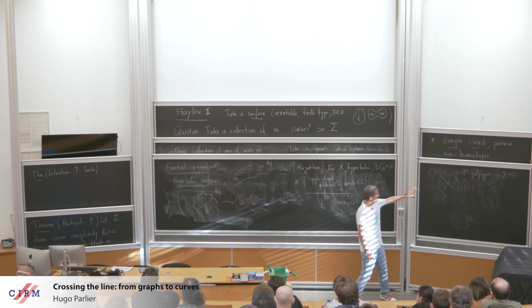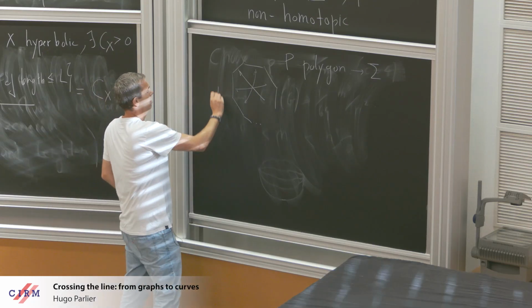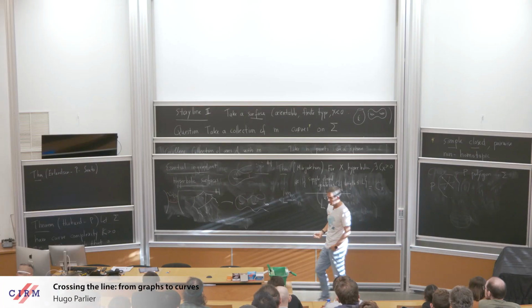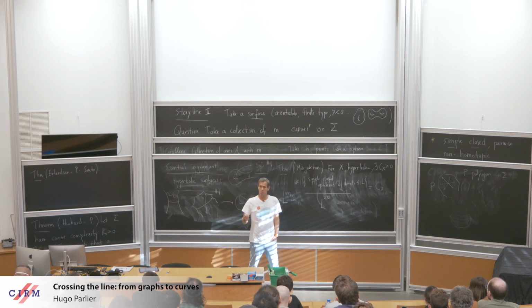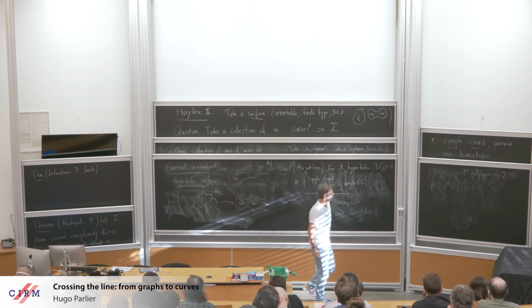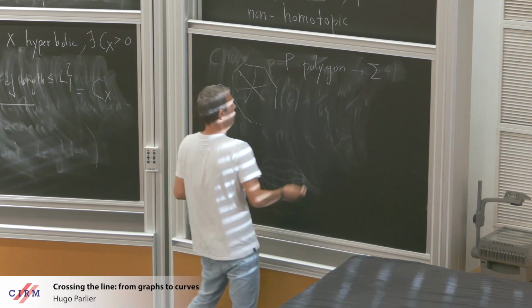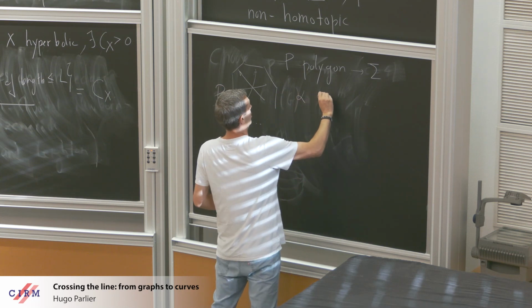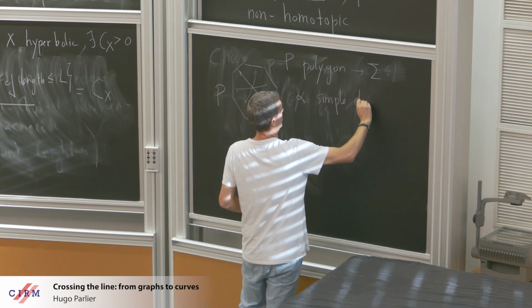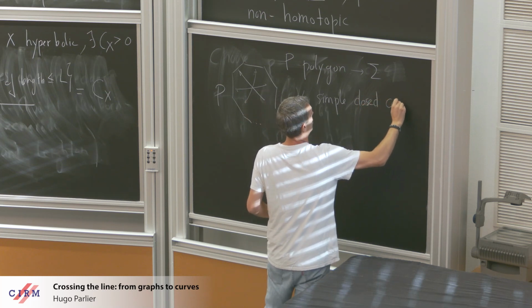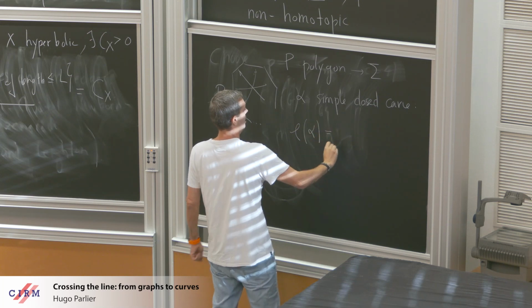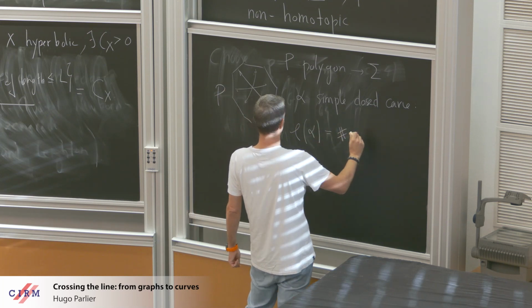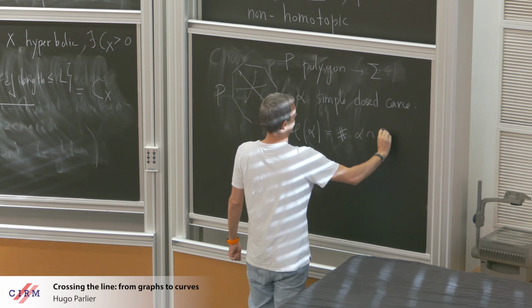So this is just a topological setup, and this is your polygon P. And instead of measuring lengths using hyperbolic geometry, which is complicated, you can measure lengths in a much simpler way, which is just the number of times it intersects your polygon. If I have alpha, a simple closed curve, I determine the length of alpha. This combinatorial length is its number of intersections with the polygon.